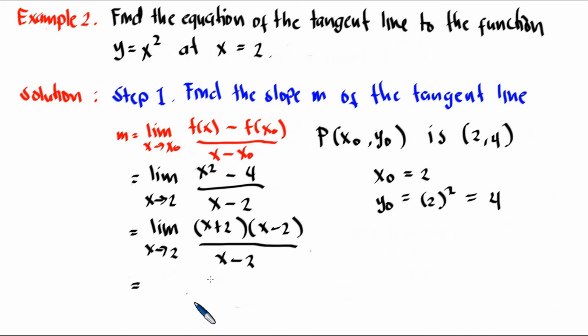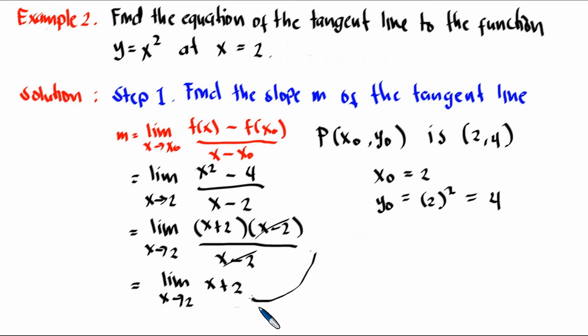Now as you can see, x minus 2, both in the numerator and denominator, cancels out. So that leaves us with the limit of x plus 2 as x approaches 2.